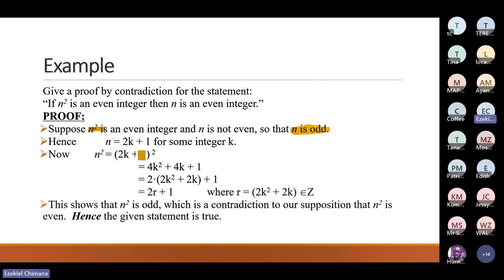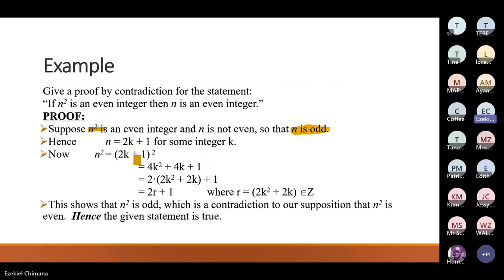So our n is equal to 2k plus 1. And now we take n squared. We are taking this n as odd, and we square it and see if we are going to have an even integer.